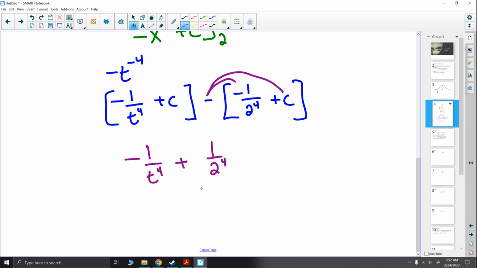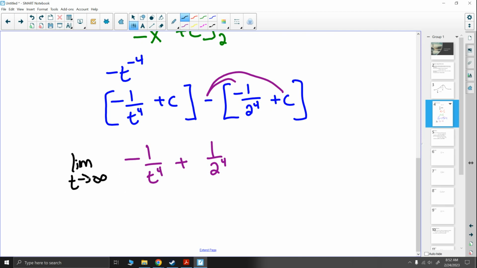Now, we have this thing, but the problem is that we're not really interested in finding it at this value t. We want to know, what's happening at infinity? Well, essentially, all we do is think, okay, we have this function. What happens to this function as the limit as t approaches infinity?